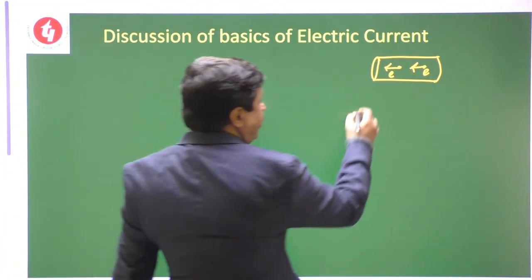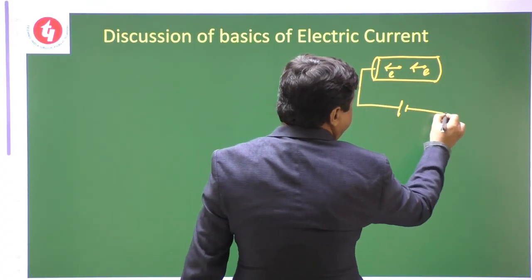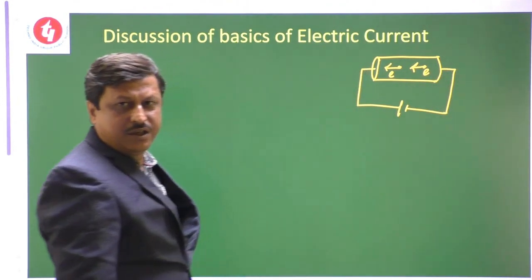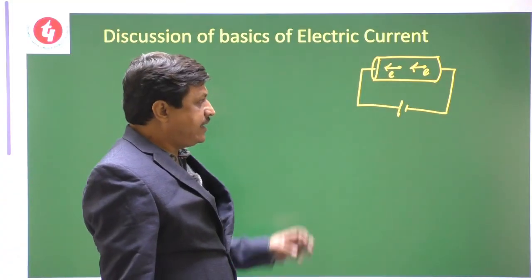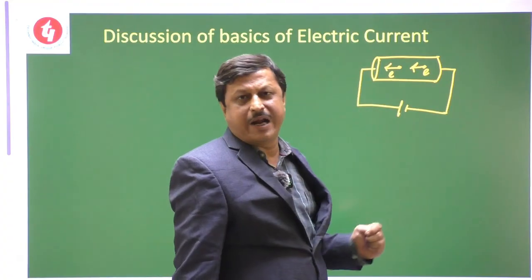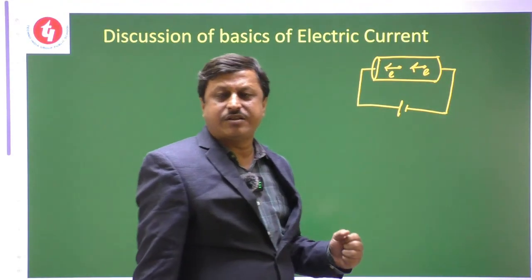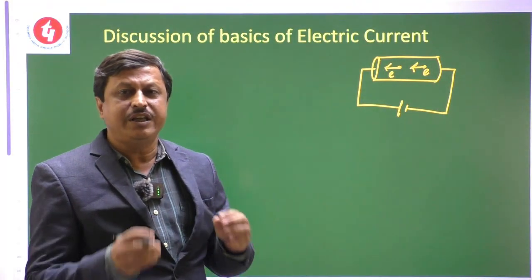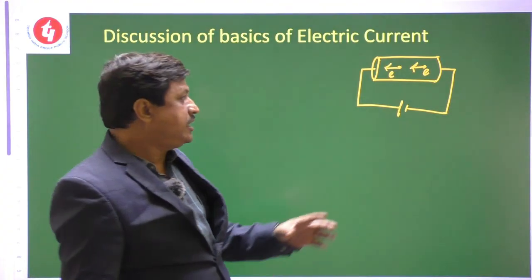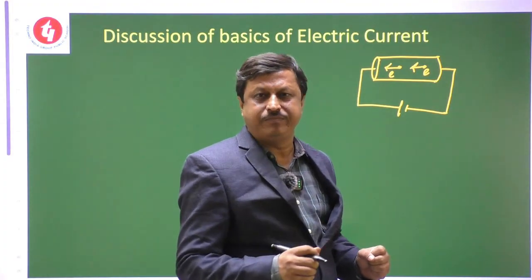If we connect this conductor to a battery, then current will move, right? But if we do not connect this battery, then what will happen? Basically, electrons do not flow. That means electrons are at rest. No, basically these free electrons move randomly.